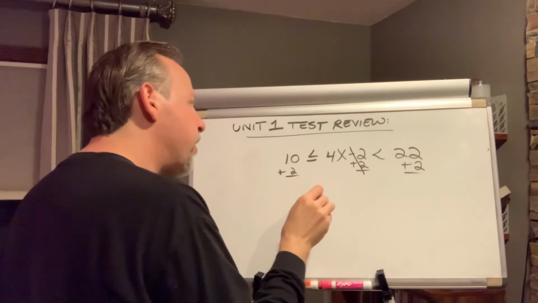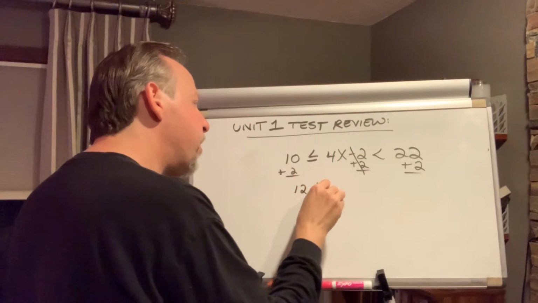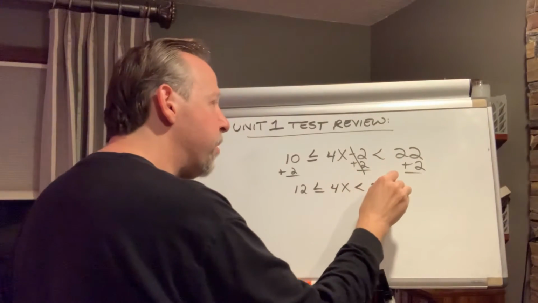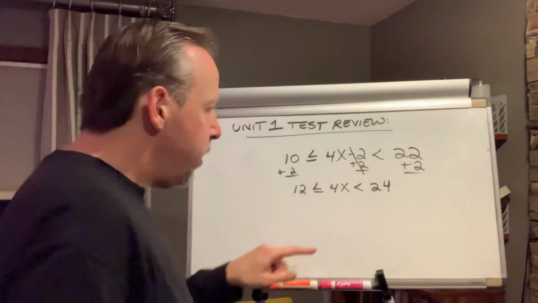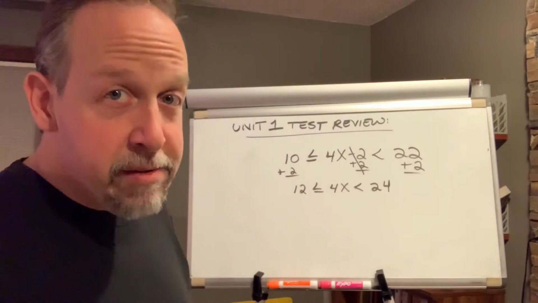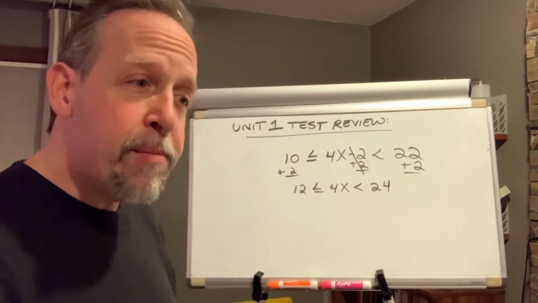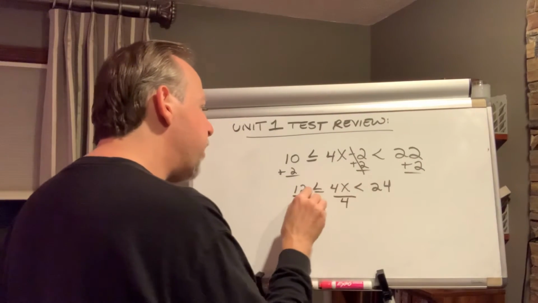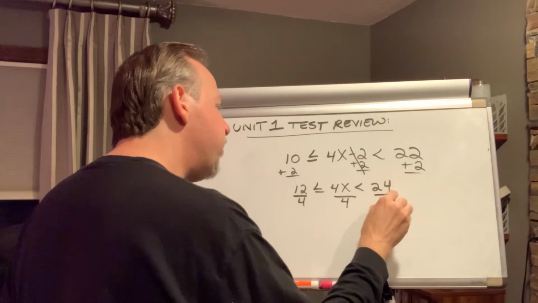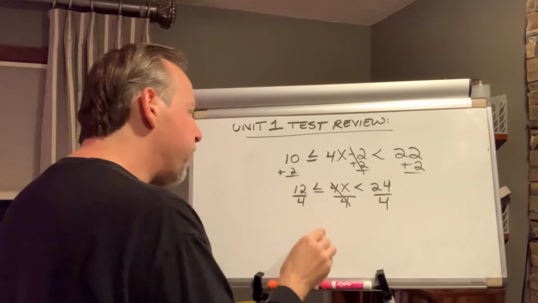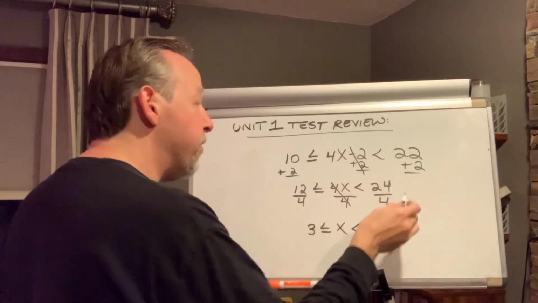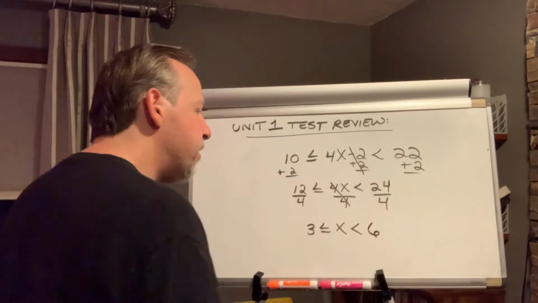So 10 plus 2 is 12, which is less than or equal to 4x, which is less than 22 plus 2, which is 24. All right, well, I got 4x, but I want to get x by itself, so divide everything by the coefficient of 4. Again, not just in the middle, but on both of the outer edges too. 12 divided by 4 is 3, which is less than or equal to x, which is less than 24 divided by 4, which is 6.